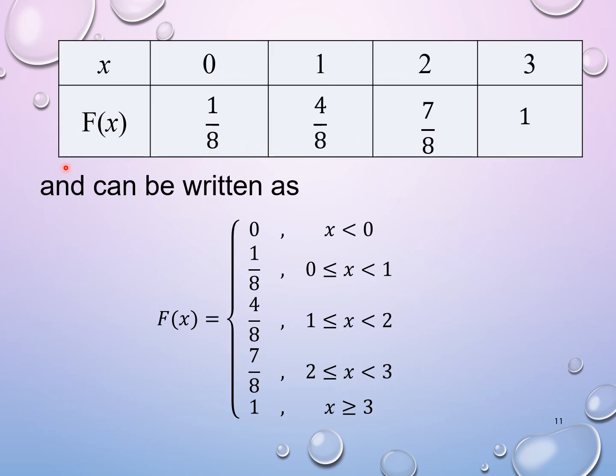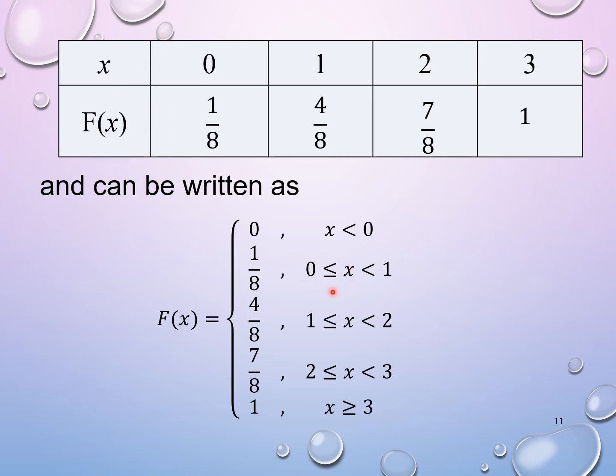Okay, it also can be written as this. You have two options. Whether you want to write it down in table form, this one we can call the cumulative distribution table, or you can write it down as this cumulative distribution function. It's actually the same. This is 0 for x less than 0, but we didn't include it in the table.